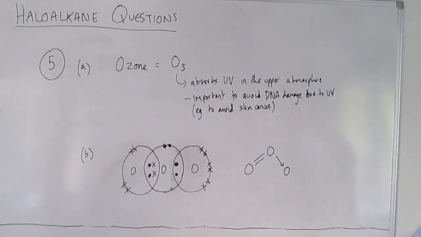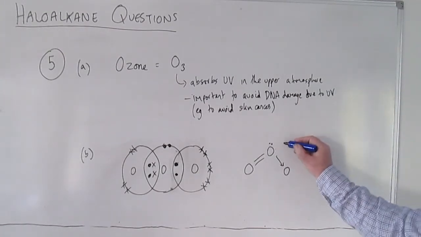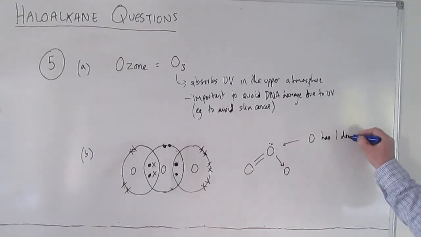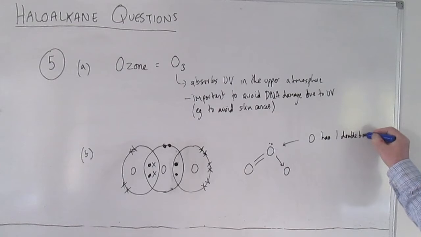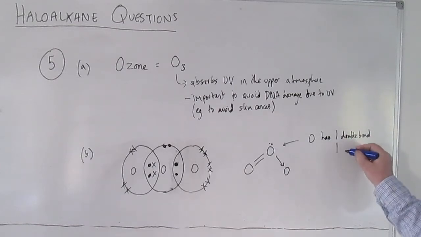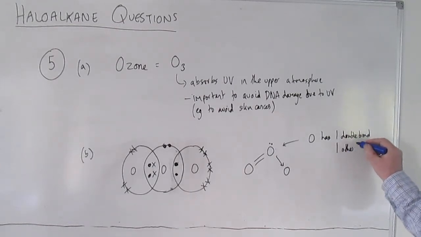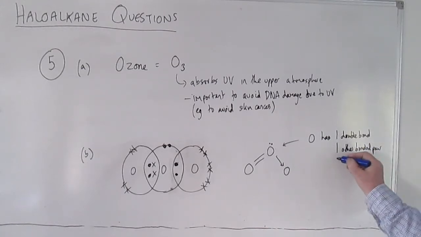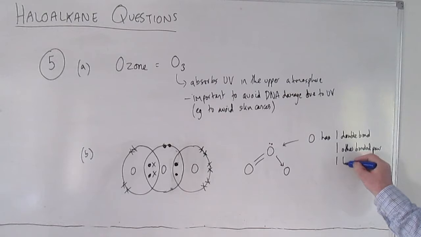And does that fit with a bond angle of close to 120 degrees? Well, yeah, because that oxygen has 1 double bond, 1 other bonded pair, and 1 lone pair.